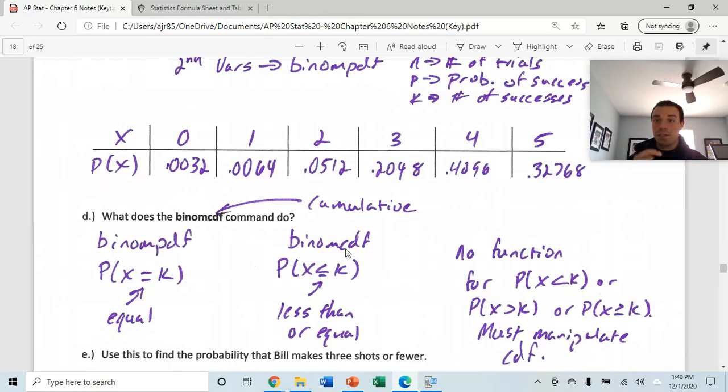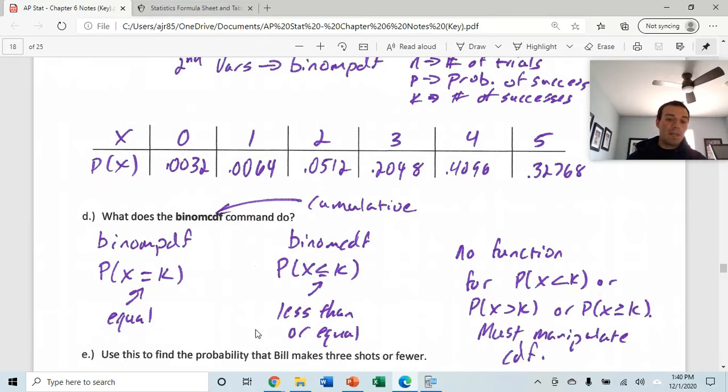CDF stands for cumulative density function. Hence, you're adding up all of those that are less than or equal to that value. We do not have any function on the calculator for less than, greater than, or greater than or equal to. So in those scenarios, we're going to have to manipulate our CDF or our PDF functions.